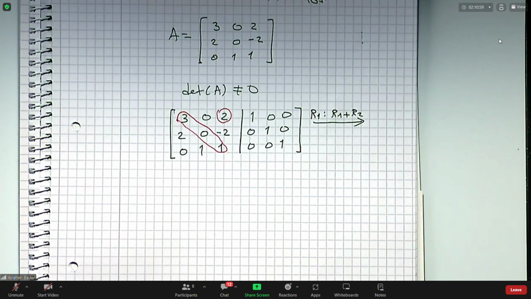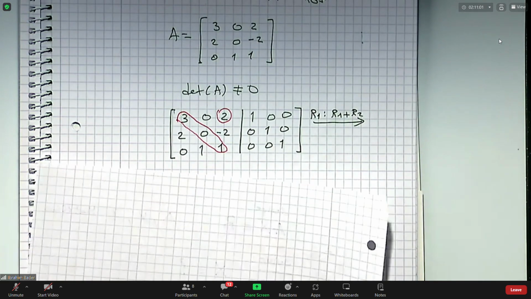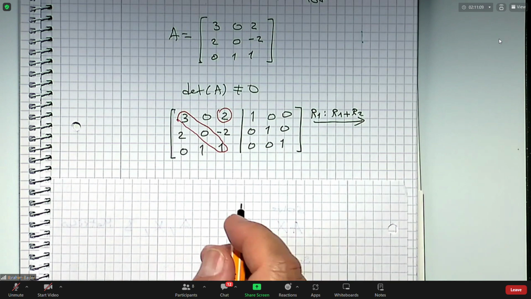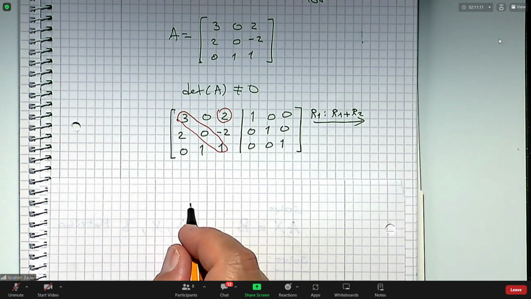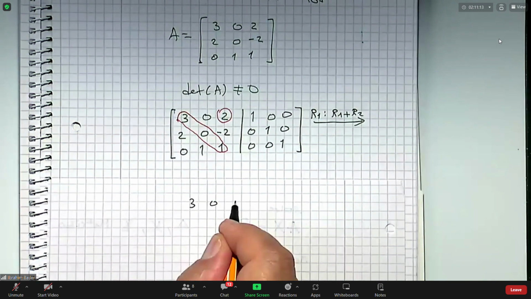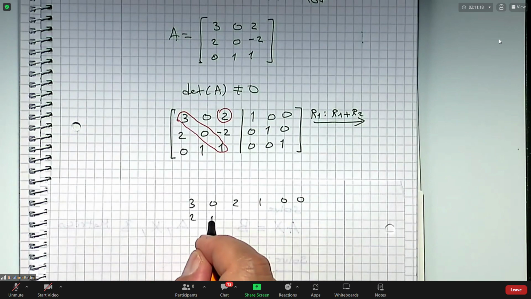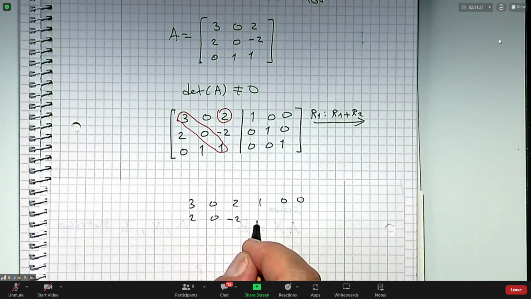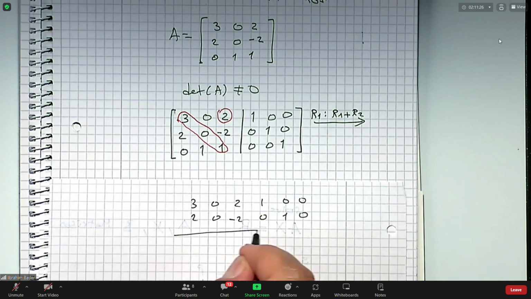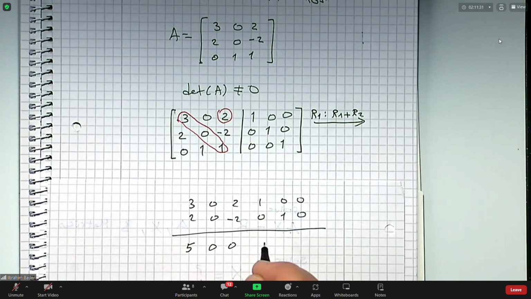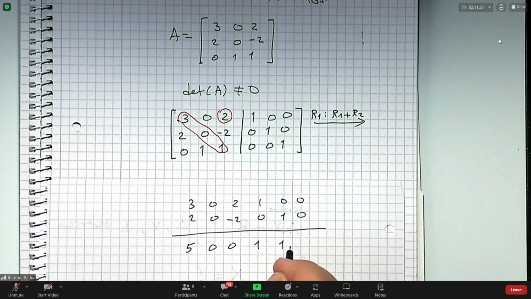Again, I urge you to do it on paper, even though it's a very simple step, just on scratch paper somewhere. So here I have 3, 0, 2, 1, 0, 0, and 2, 0, -2, 0, 1, 0. So 3 plus 2 is 5, 0, 2 minus 2 is 0, 1, 1, 0.